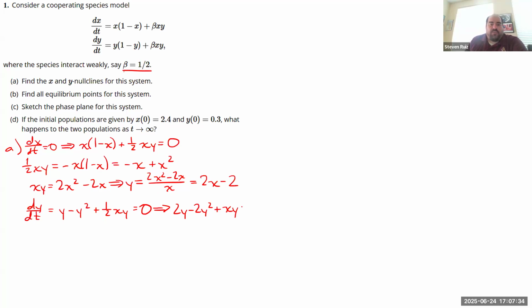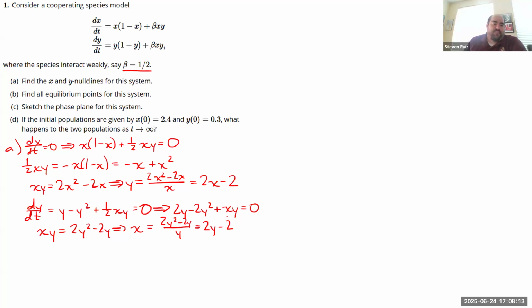So xy equals 2y squared minus 2y. So then y equals, no, x equals (2y squared minus 2y) over y, which is equal to 2y minus 2. Am I getting ahead of myself? I think I am.